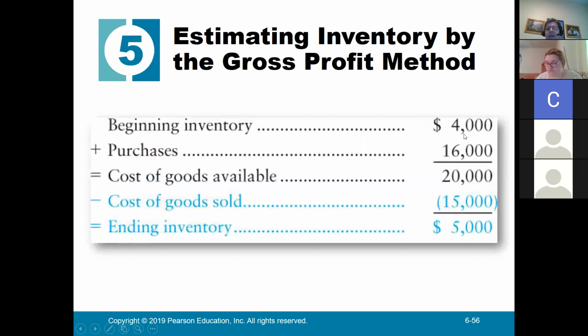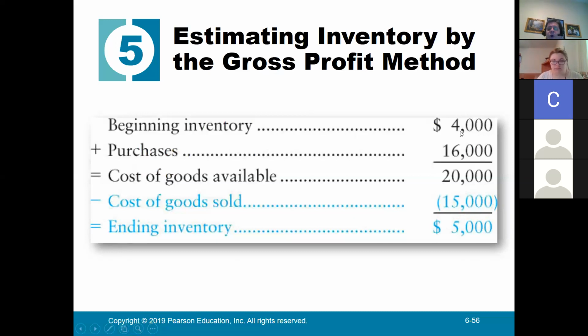So if you knew your beginning inventory and your purchases, but you lost your data as to what your cost of goods sold is, or you lost your ending inventory records, or you have to show the insurance company how much inventory you would have had when the fire happened.